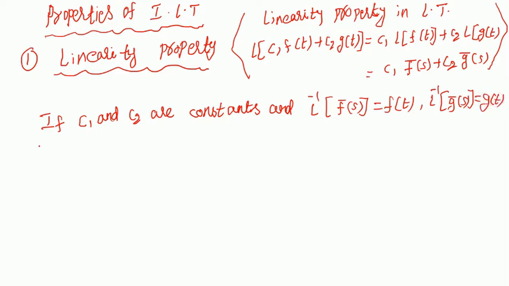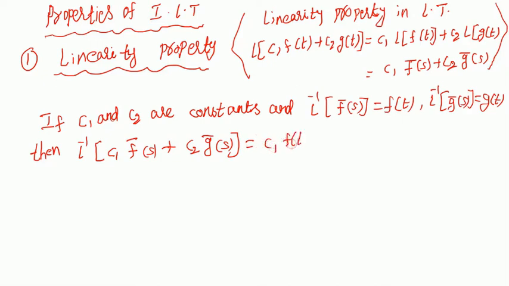then, here you can bring L from left to right. What happened? L inverse of C1 into f bar of s plus C2 into g bar of s is equal to C1 into f of t plus C2 into g of t.